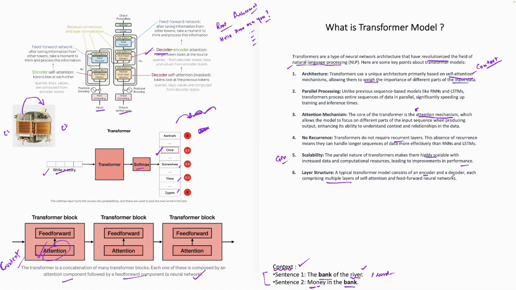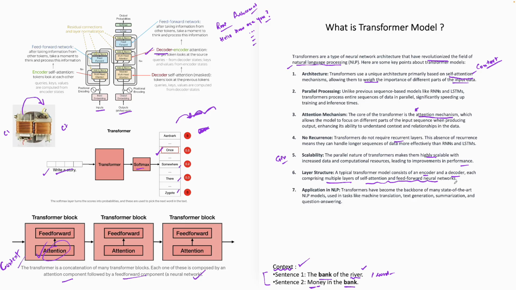Every encoder and every decoder would have multiple layers of self-attention and feed-forward neural networks. This is the key here. Self-attention and feed-forward neural networks create a transformer model, right? And all throughout these, you will see the context follows, or the attention follows.